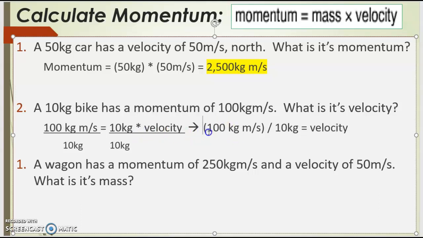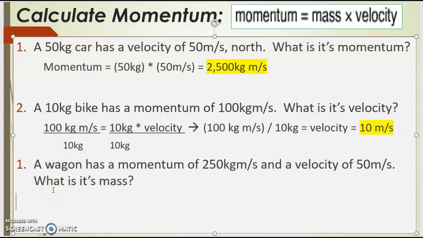Notice this 100 kilogram meters per second divided by 10 kilograms is the same thing as this right here, okay? And 100 divided by 10 is 10, and the units of velocity are meters per second. All right, there you go.